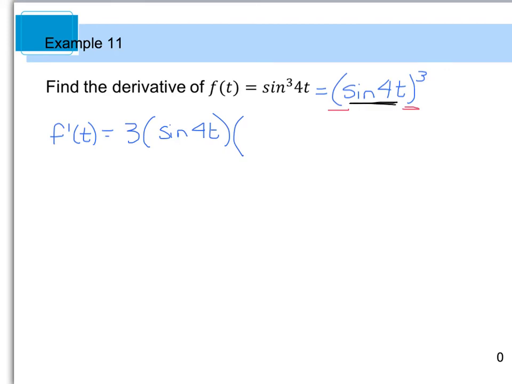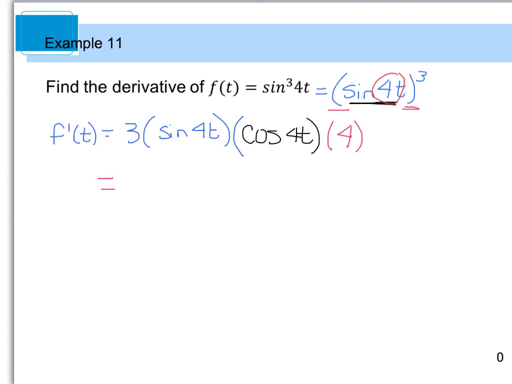So the derivative of sine is going to be cosine of 4t, and then I have to go and multiply that by the derivative of the inside of the sine of 4t, or the 4t part. So in that case, I have 4.